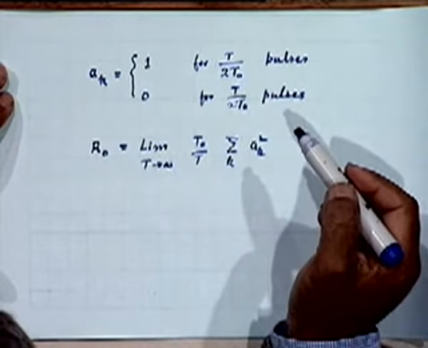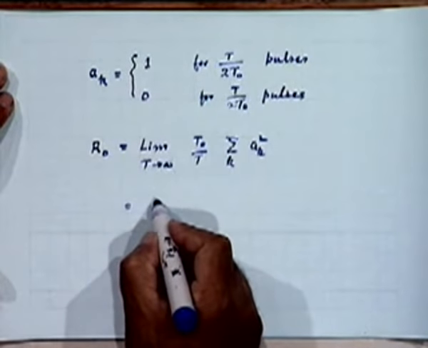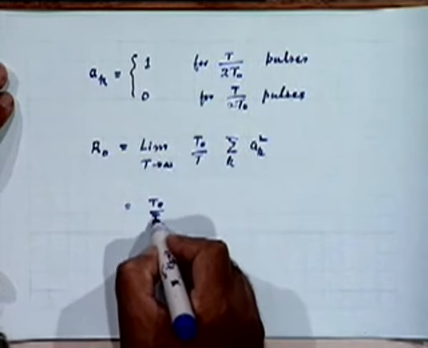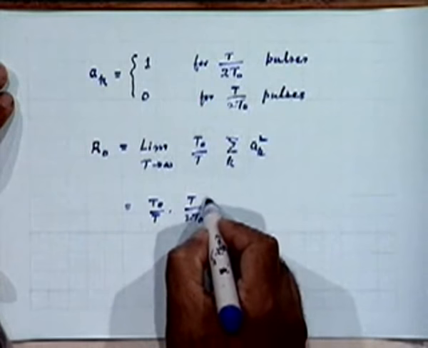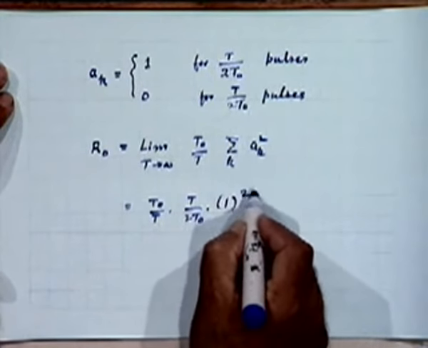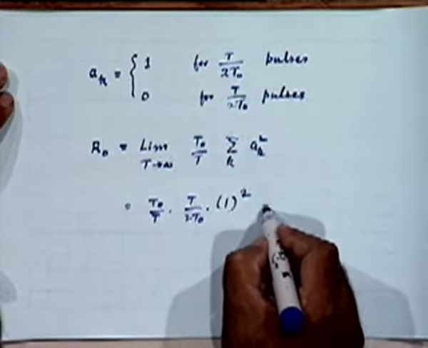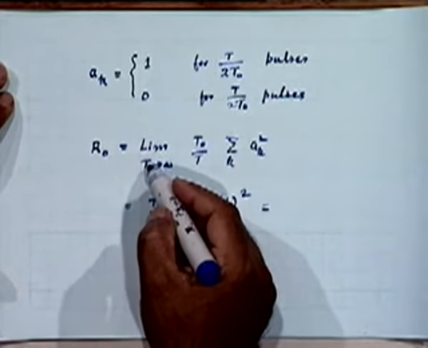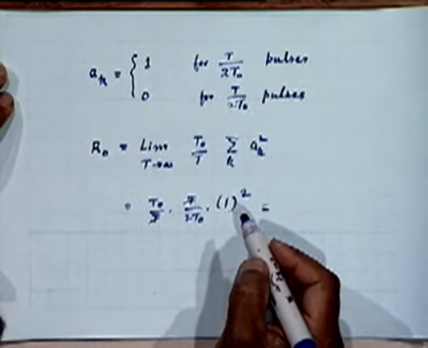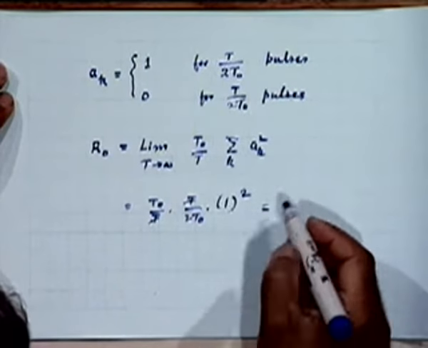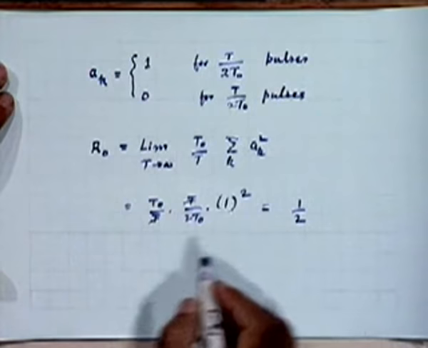This will be T0 by T times T by 2T0 into 1 squared, because each has amplitude 1. The T and T0 cancel, so it becomes independent of T as long as T is sufficiently large. So we will get precisely one half.